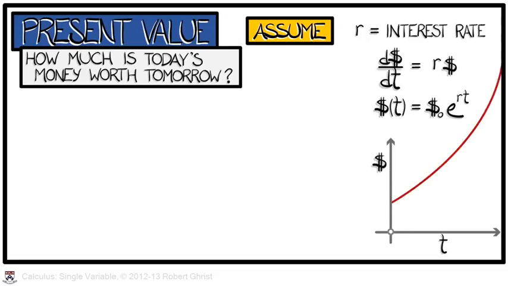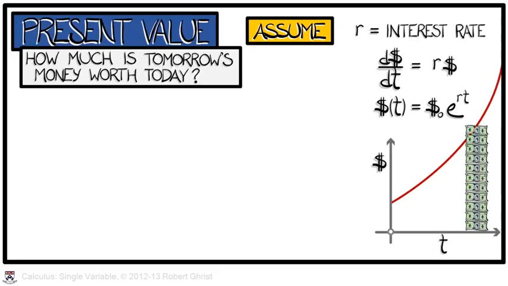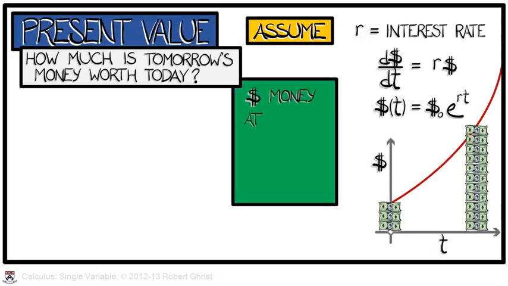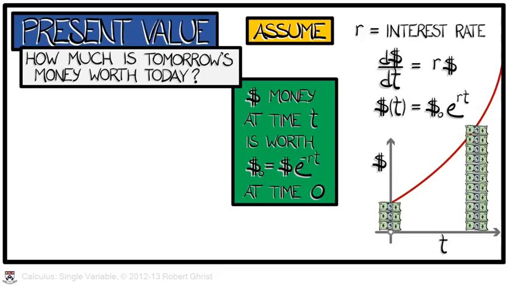And so, if instead of considering how money today grows, we take money in the future and say, how much money would we need today to invest to get that? Then we can argue that a certain amount of money at time t is worth that amount times e to the negative rt right now.